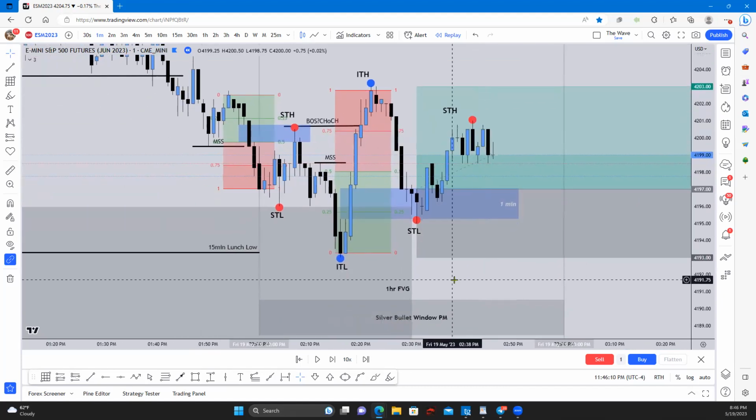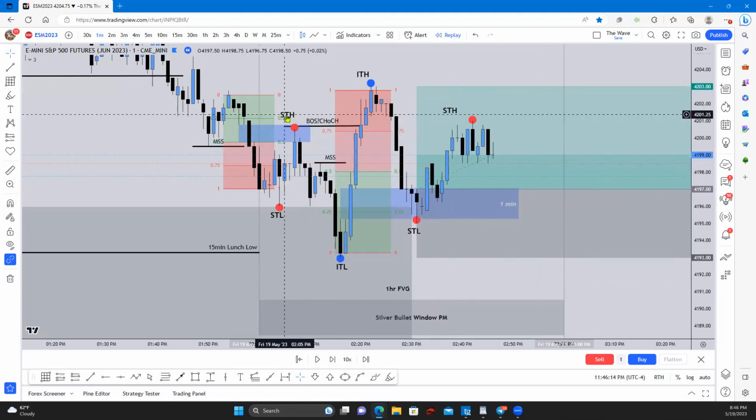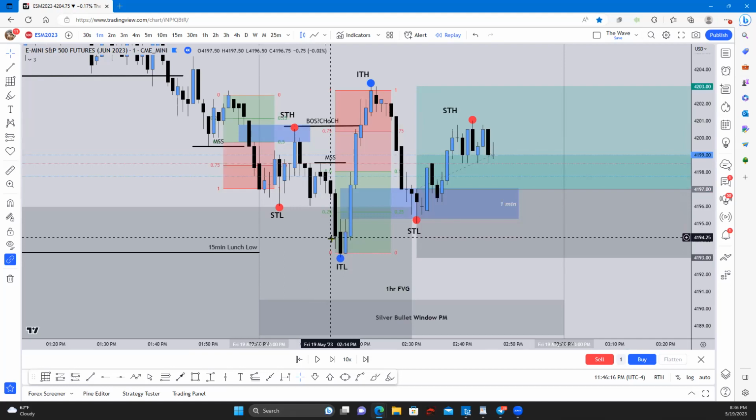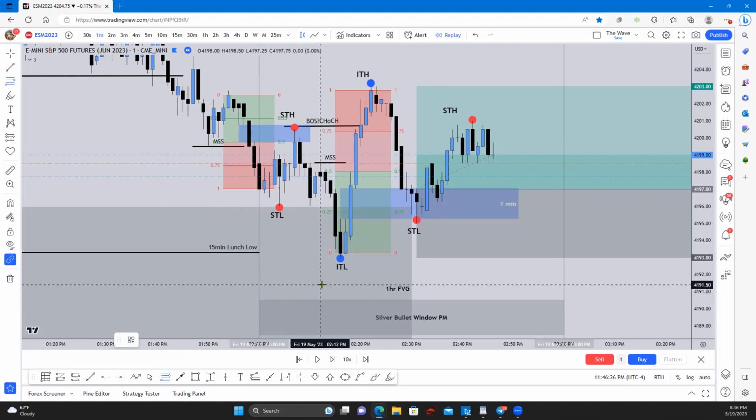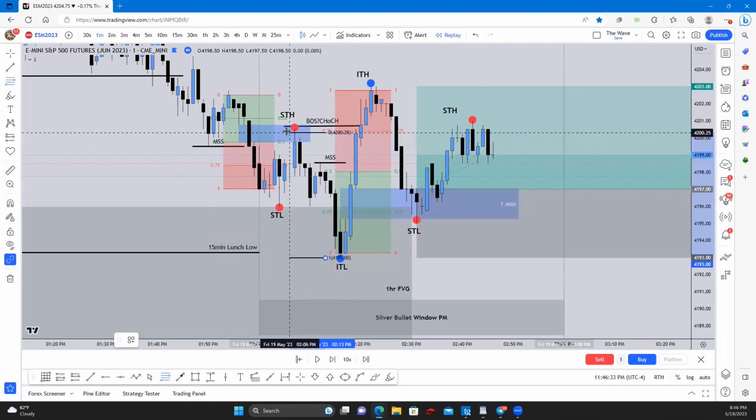So where's the leg that took out the sell side? It's this short-term high to this intermediate term low. So this price leg took out sell side here. So what we can do is take our fib here from the low to the high.